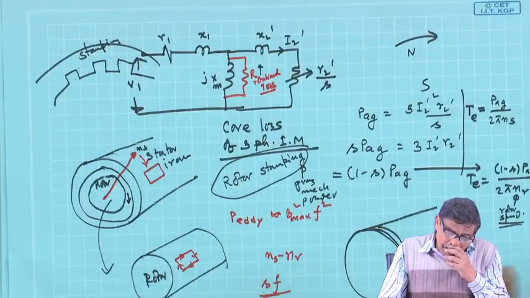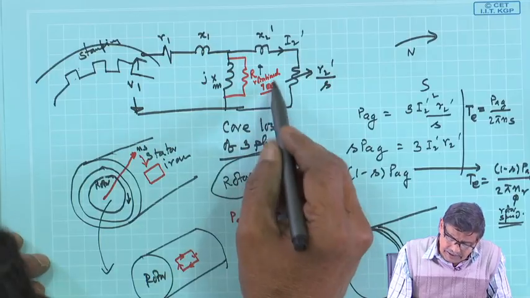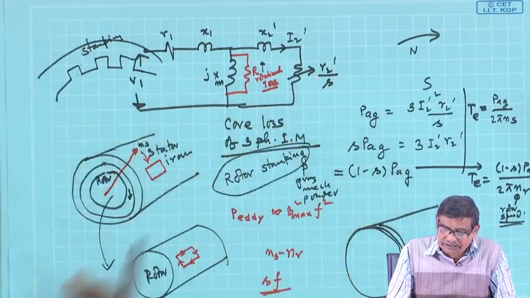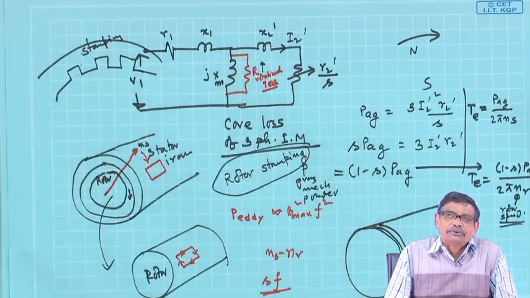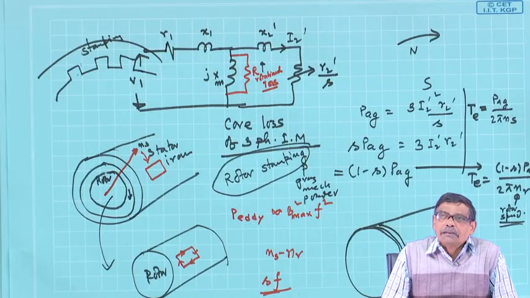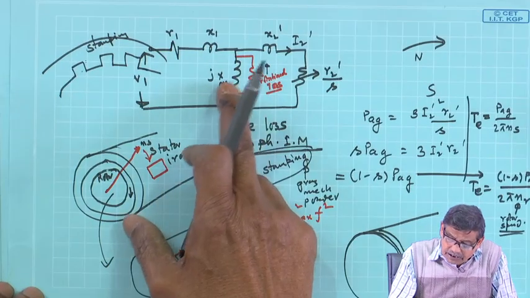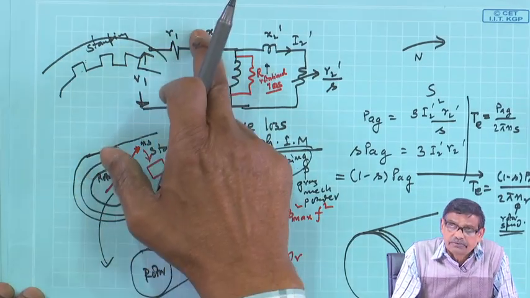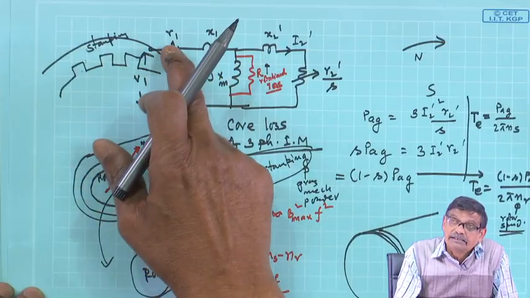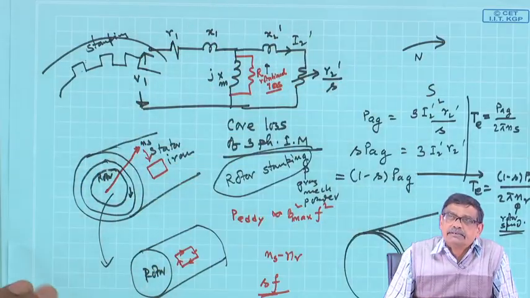Only thing is, people generally show this rotational loss resistance, and then R Thevenin and X Thevenin, these values are much larger than R1, X1 no doubt, but those R Thevenin, X Thevenin will get changed.